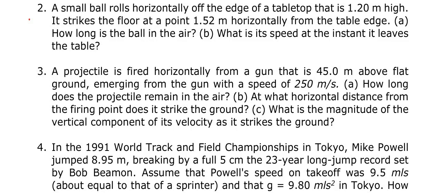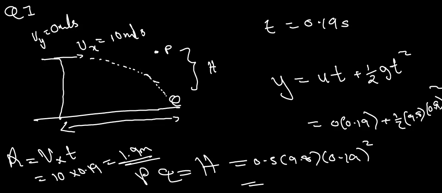It strikes the floor at a point 1.52 meters horizontally from the table. So the range and the height have been given. They're doing the opposite to see if we can go back in reverse. The height is 1.2 meters, and this is 1.52 meters.